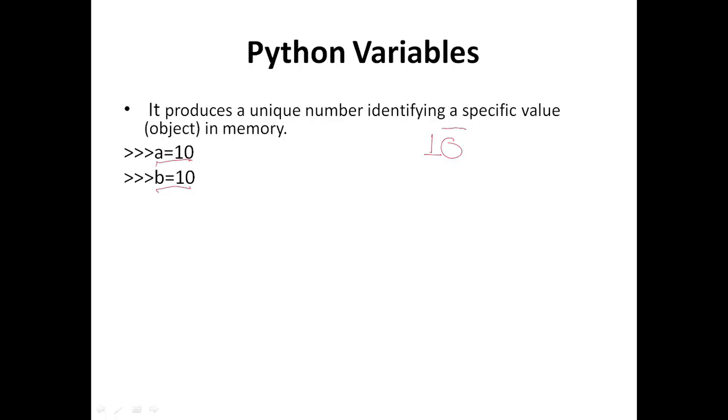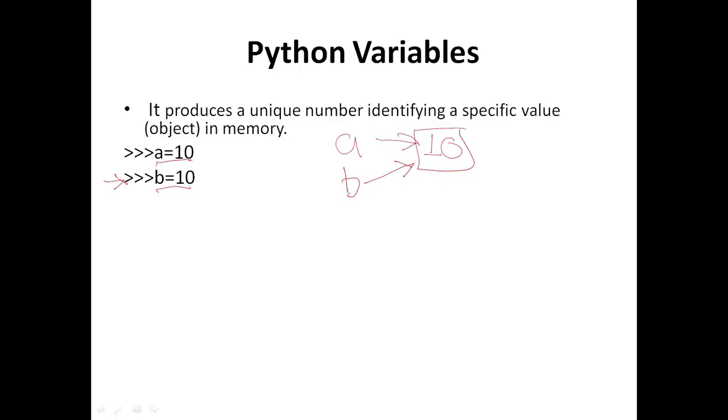It creates one single object 10, which is first assigned the variable name A, and when we write the second line, B equals 10, the interpreter does not create another object. It simply refers to the old object with another name B.